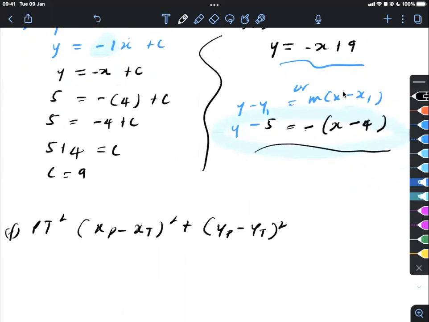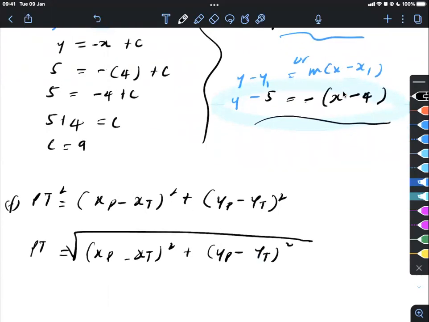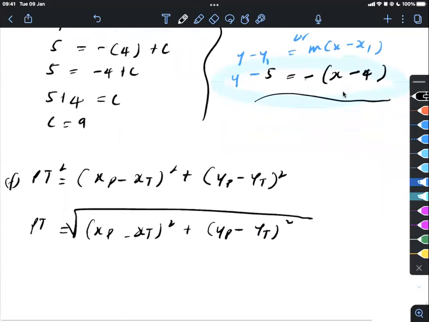Now, I know some of you are used to just saying PT equals the square root of the x coordinate of P minus x coordinate of T, all squared, plus y coordinate of P minus y coordinate of T, also all squared, with the square root just like that. Now, I'm not particularly fond of that because, as you've seen, I find it difficult to write the square root out.